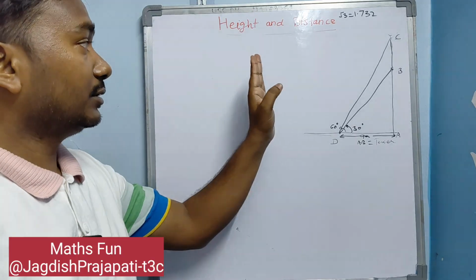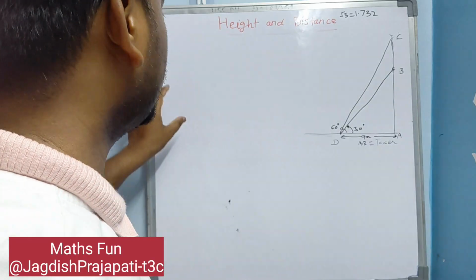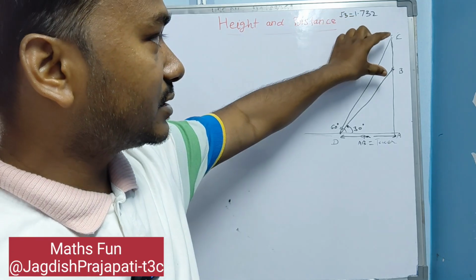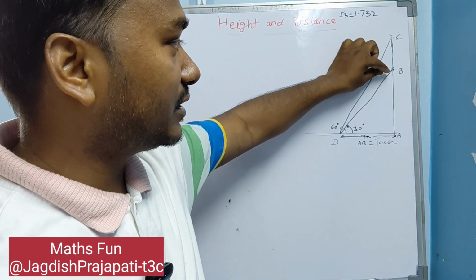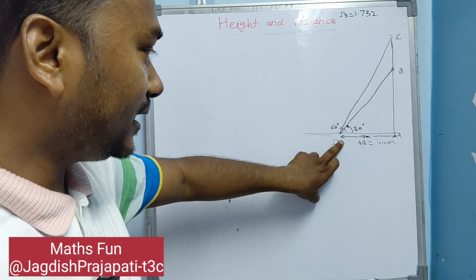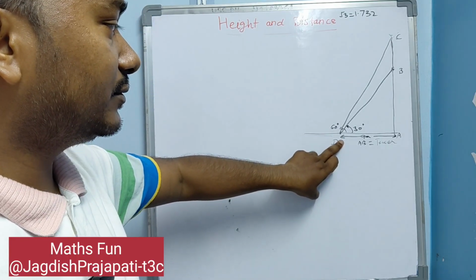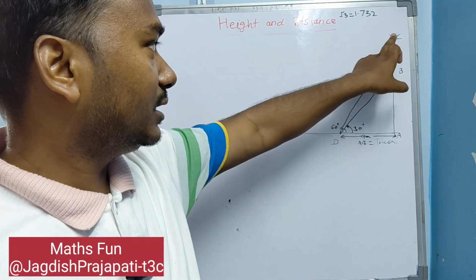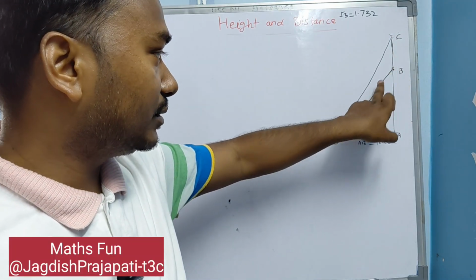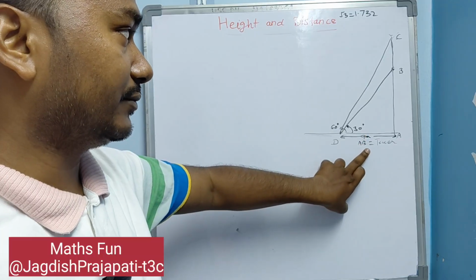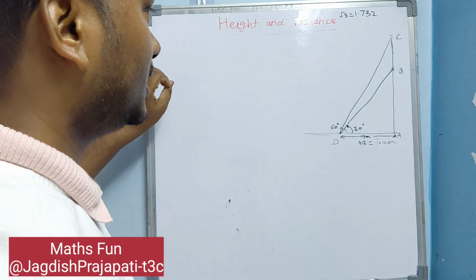Let AB is the tower, BC is the flagpole which is mounted on the tower AB. Let there is a point D on the ground where the angle of elevation from the top and bottom of the pole are 60 degree and 30 degree respectively.